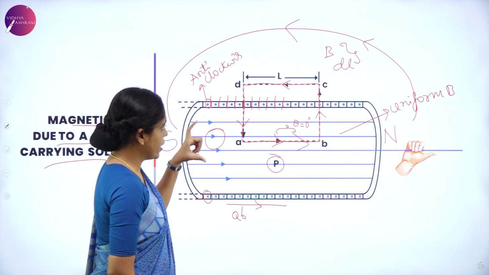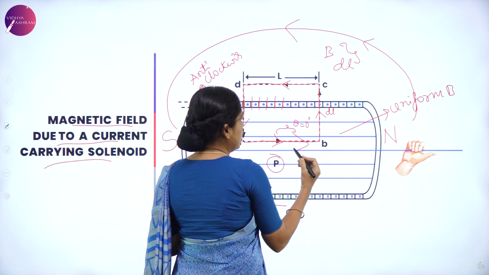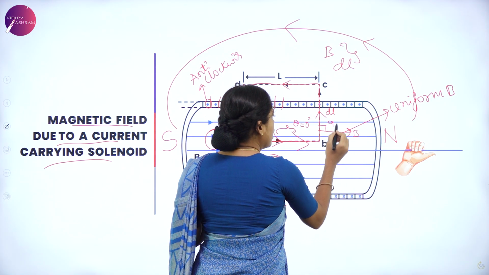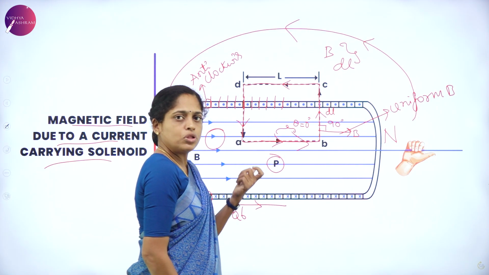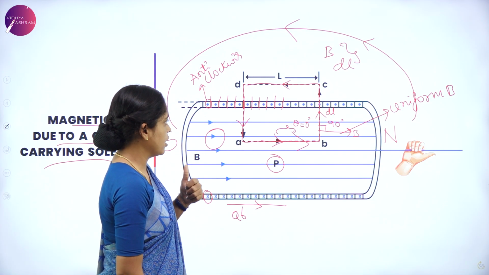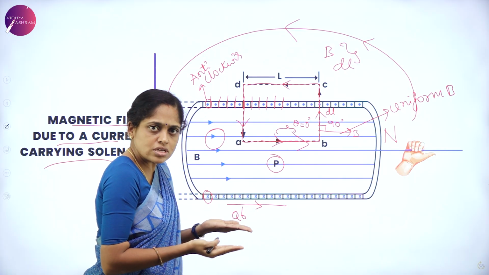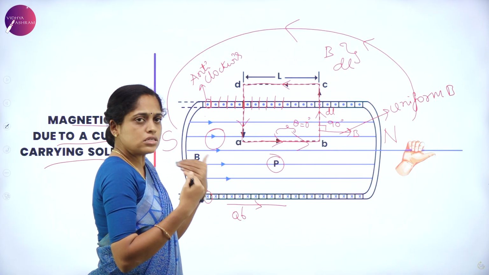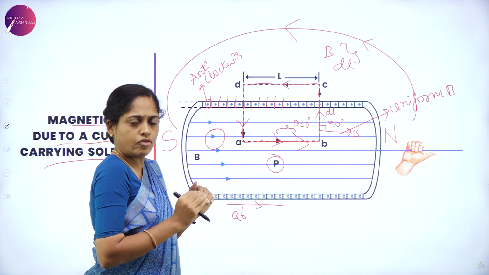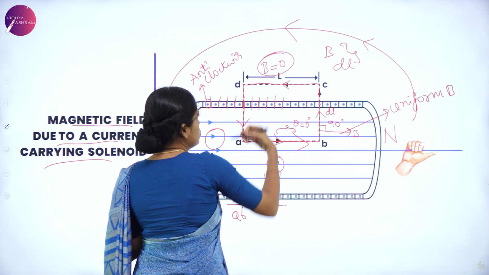Next, side BC of the closed path, where the direction of dl is from B to C, but the magnetic field is perpendicular to dl, that is, the angle between B and dl is 90 degrees. The side CD lies outside the solenoid, and as it is outside, we consider the magnetic field as almost 0. So approximately it is equal to 0.